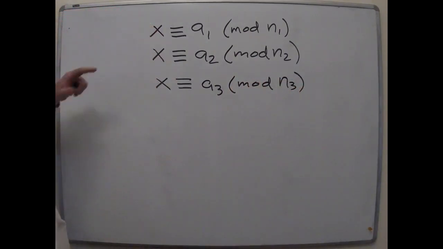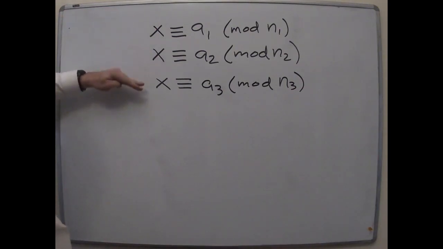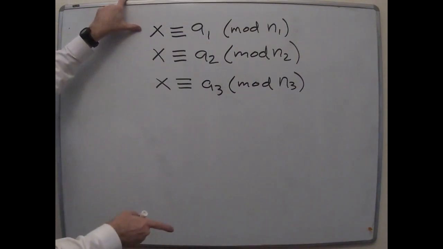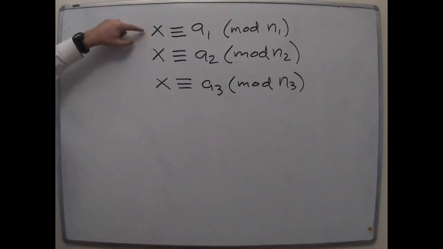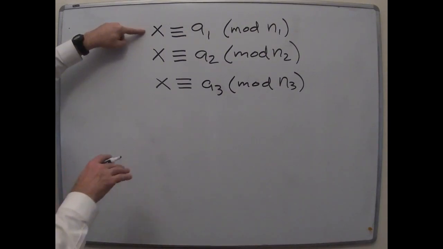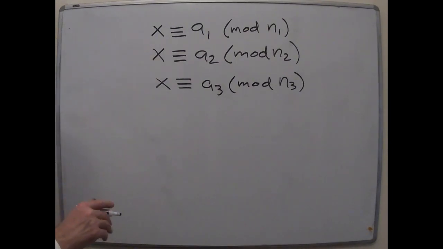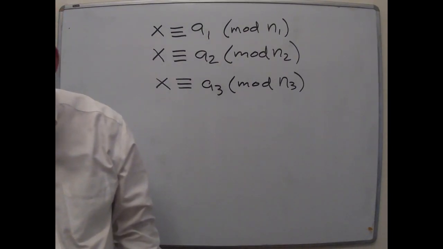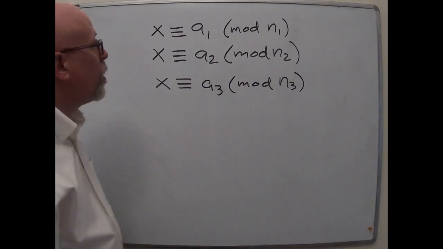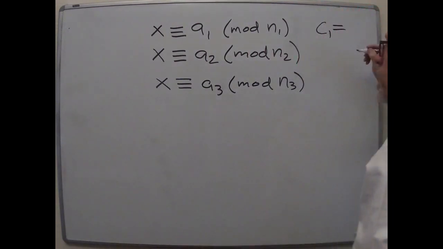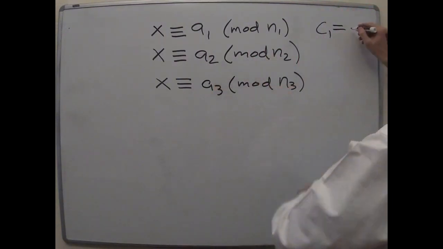Now, for each i here, 1, 2, and 3, we're going to calculate a modulus that works for things relative to the other two moduli. That is, if I'm thinking about the first position, I want something that is a modulus that deals with the second and third positions. That number is called C something. So C1, in this case, is going to be N2 times N3.